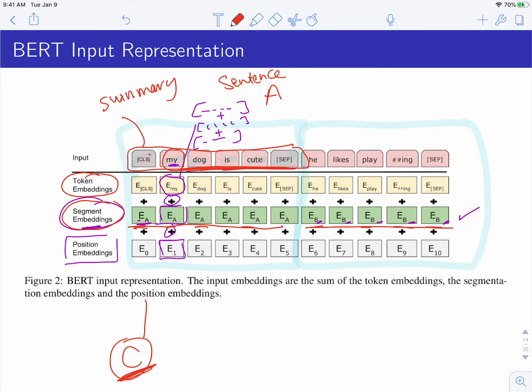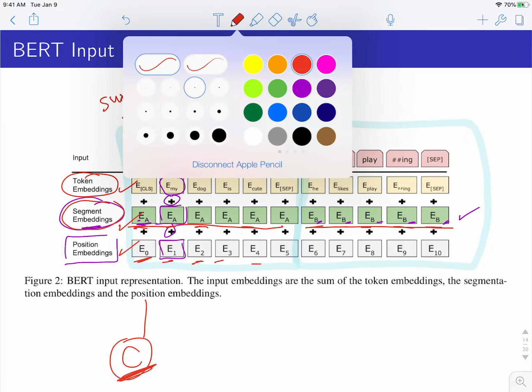Then we have a vector of positional encoding, and we add the token embedding to the segment embedding and to the position embedding, and we get a representation for the CLS class. That representation will go through Bert. So let's say that now Bert lives here.